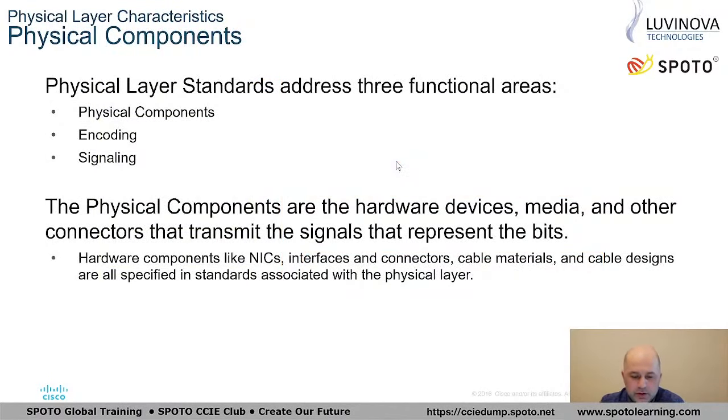Physical layer standards address 3 functional areas: physical components, encoding, and signaling. The physical components are the hardware devices, media, and other connectors that transmit the signal that represents the bits. Bits are the form of the information. It's zeros and ones, right? It's the binary language, which computers use to communicate.